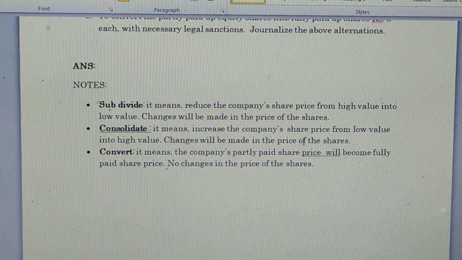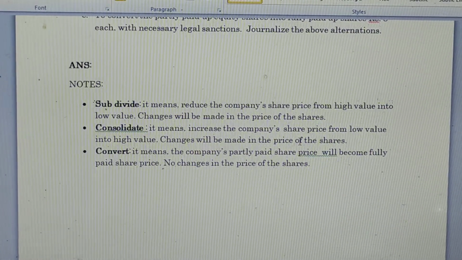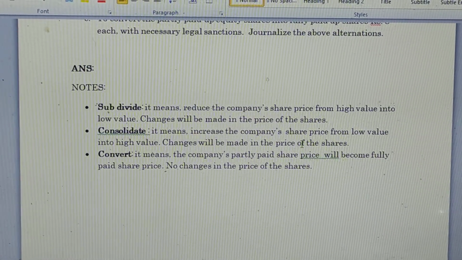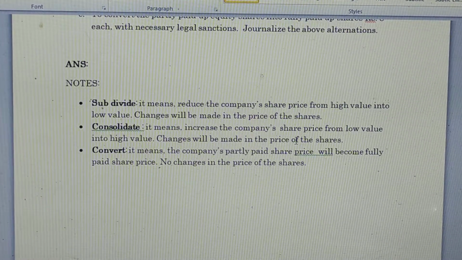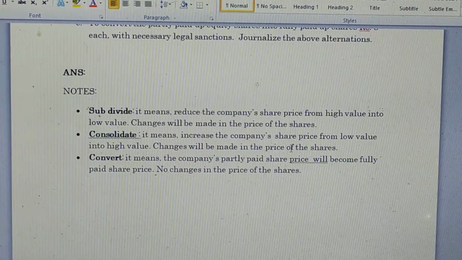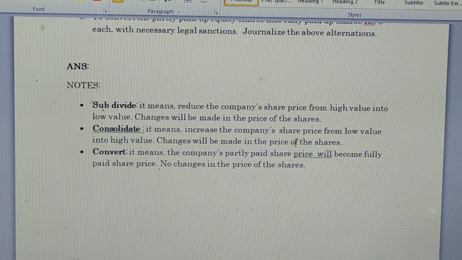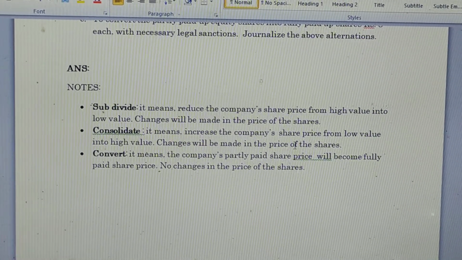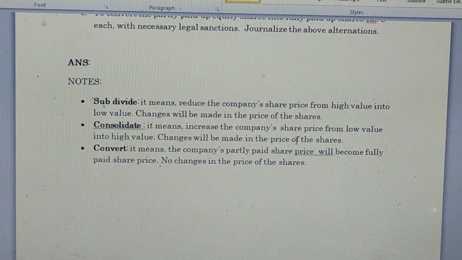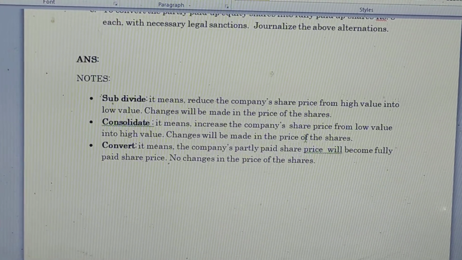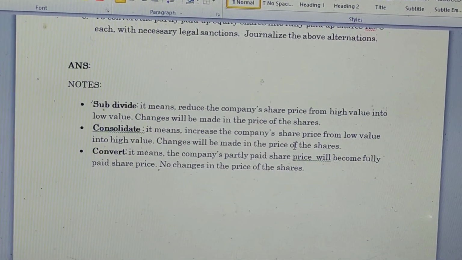And convert means the company's partly paid shares will become fully paid shares. No changes in the price of the shares. So in this concept, we do not take the face value of the share price. Suppose the company has 10 rupees as face value and 8 rupees as partly paid value, we do not take the face value; we have to take the partly paid value of the share price.